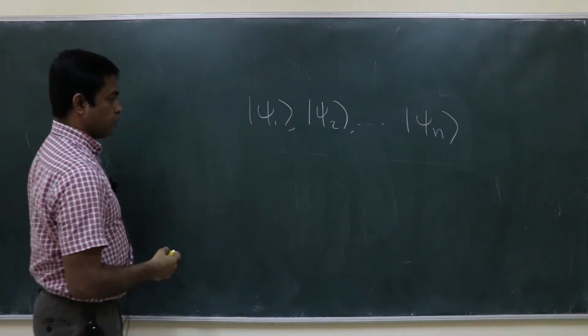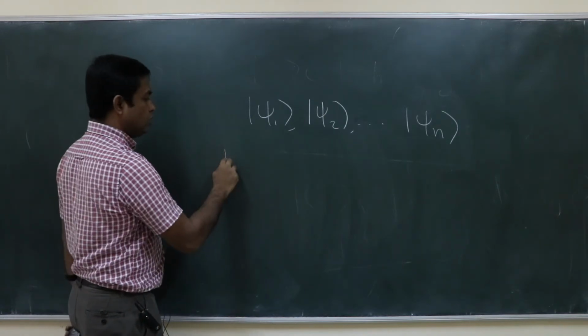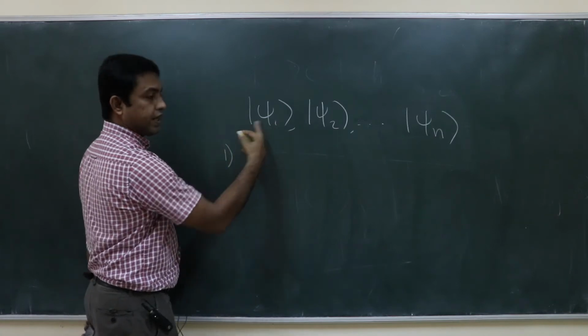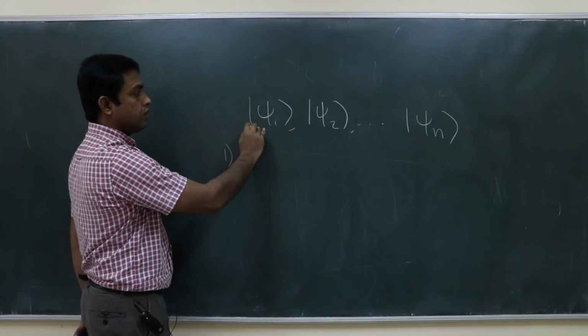So what is the first procedure? What is the Gram-Schmidt orthonormalization? First you take the vector ket psi1 and normalize it, since its norm is not 1.